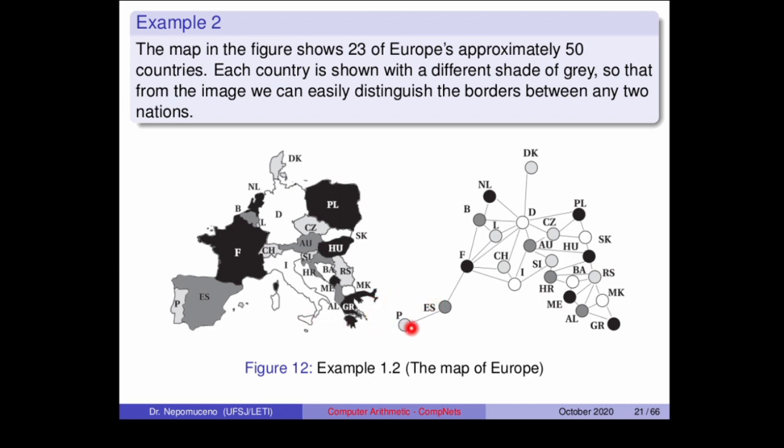In this graph, it's easy to see that the connection of Portugal is only with Spain, and Spain is only with France. On the other hand, France has many connections, but probably the one with the most connections is Germany, here letter D.